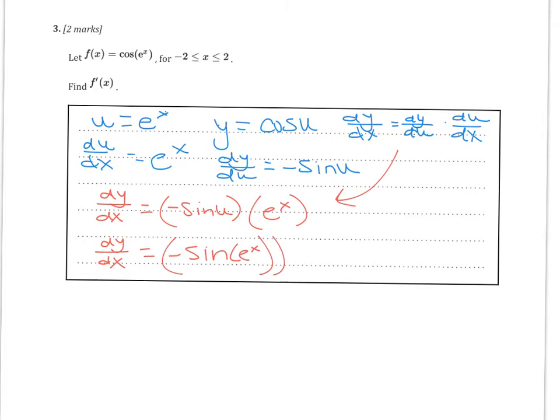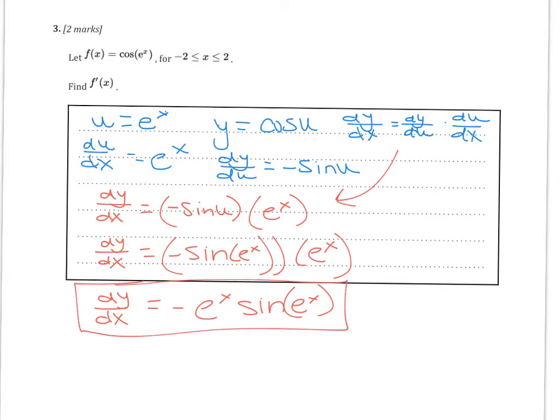And so we get that. And I, again, would just recommend putting that e to the x at the front so that we don't try to confuse it and combine it with the e to the x that's a part of the sine function. And that is our solution right there.